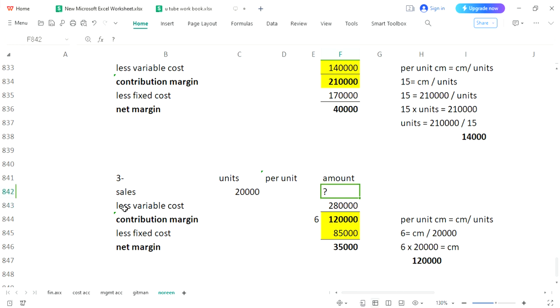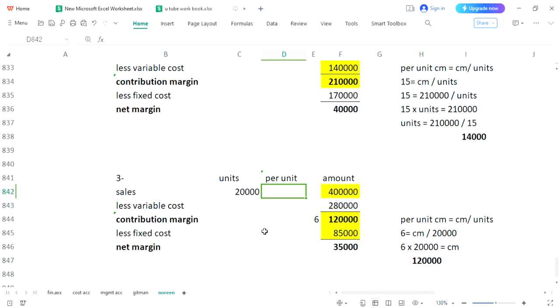So if you want to know your sales, you take this contribution margin, and by changing the sign, it was less actually, but now you add your variable cost. This way you have calculated a missing figure. Sale was also missing, so you mark it as your completed answer.